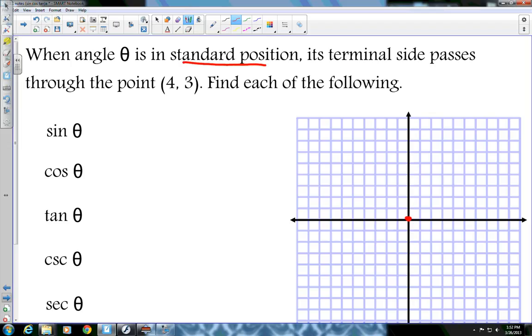Second thing, its terminal side passes through the point 4,3. Terminal side means where it ends. So we're going to plot the point 4,3 and draw a ray from the origin through that point.